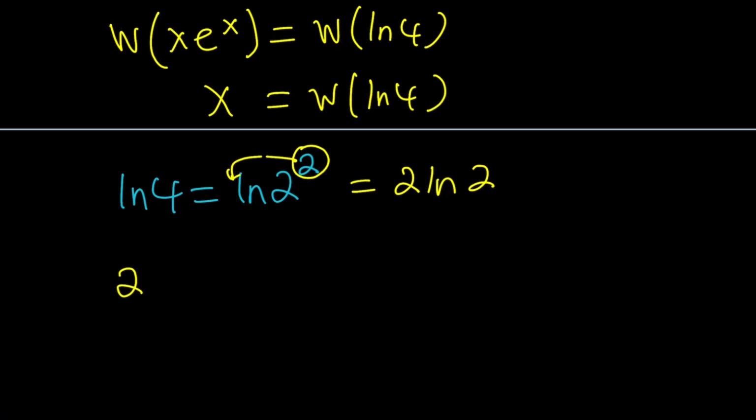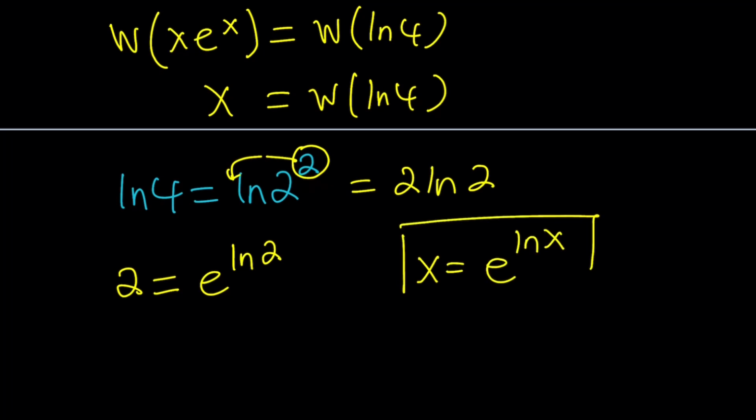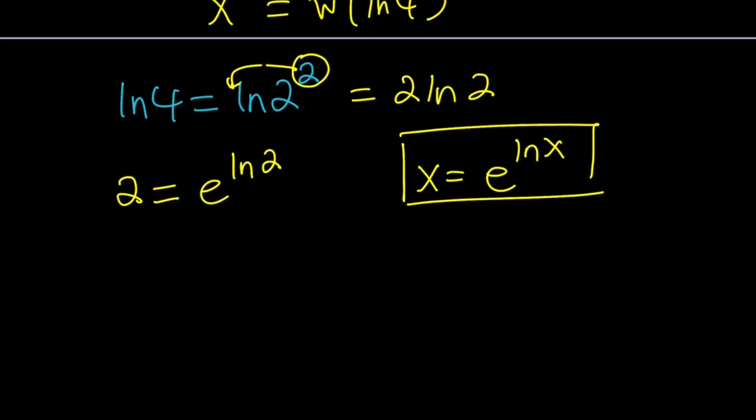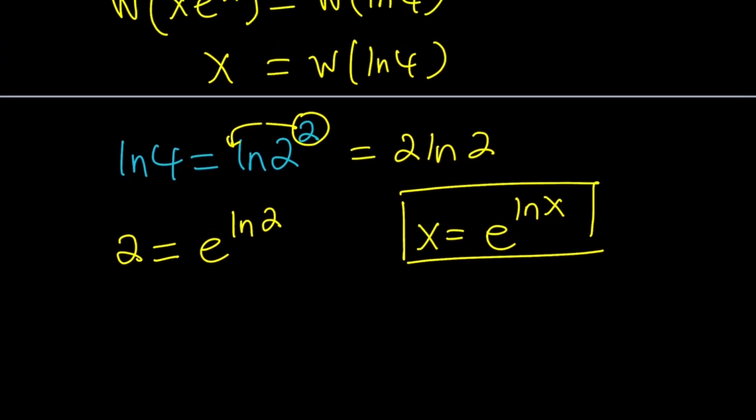Write 2 as e to the power ln 2. As you know, x can be written as e to the power ln x, as long as x is positive, of course, if you're dealing with real numbers in this case. Complex logarithms are a little different. But we can do this for 2, since 2 is positive.